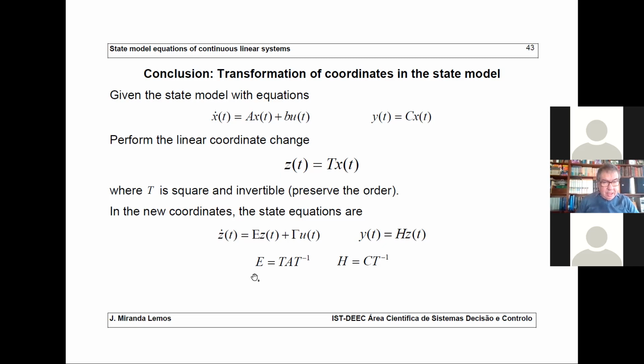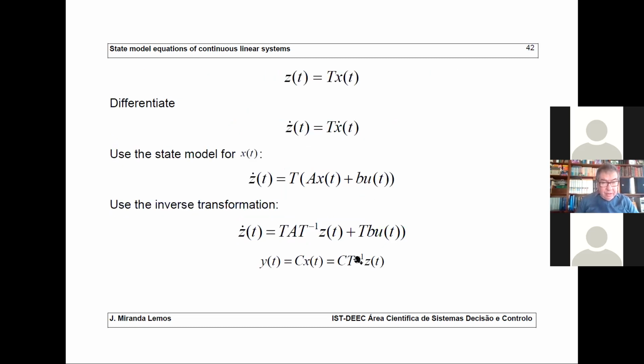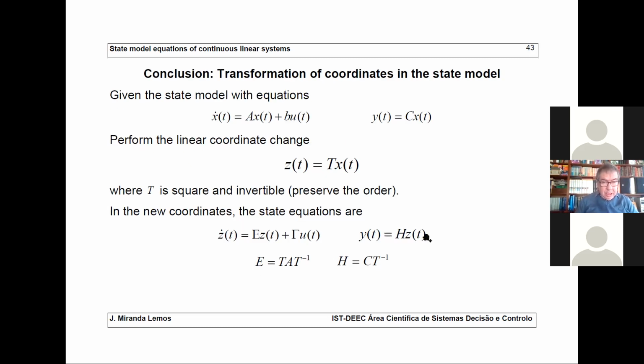E is TA T minus 1, H is C T minus 1, and gamma is TB. It's not written here, but it should be TB. Okay, any question?